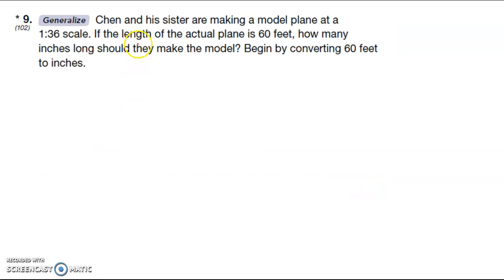Okay, number 9, Chin and his sister were making a model plane at 1 to 36 scale. If the length of the actual plane is 60 feet, how many inches long should they make the model? It says begin by converting 60 feet to inches.